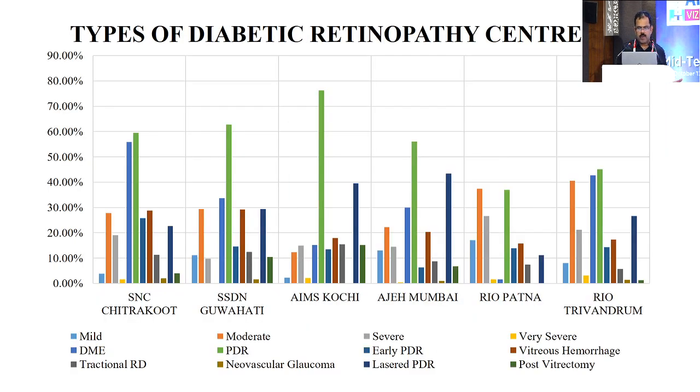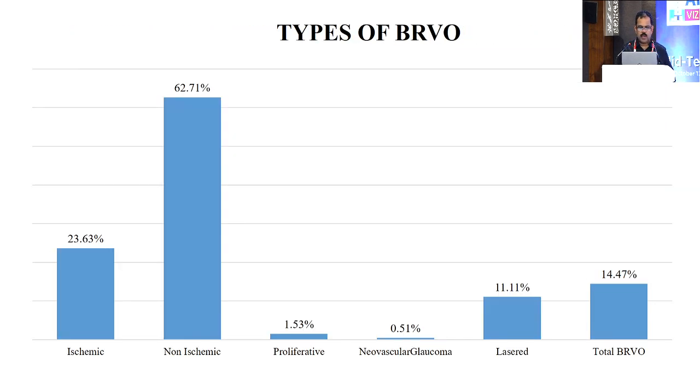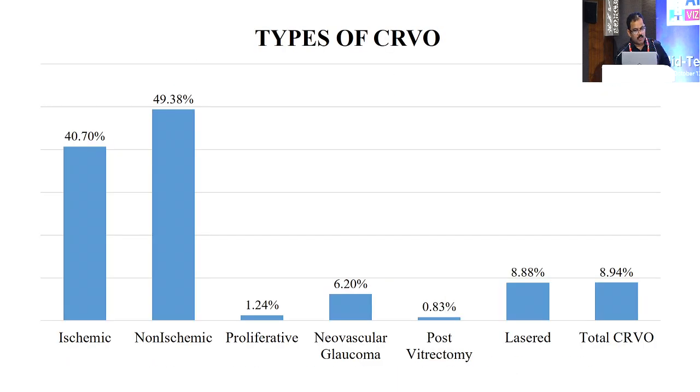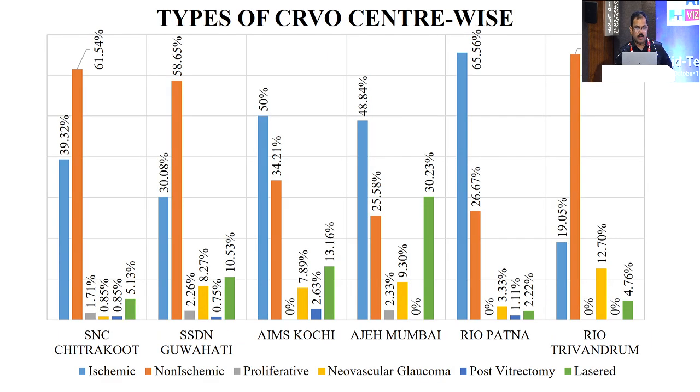So this is the type of diabetic retinopathy center wise. All centers it is like this. Now we can see that in BRVO, non-ischemic is like 60% and ischemic is about 25%. And these are center wise, and in CRVO you can see almost 40 and 50% ischemic and non-ischemic. So in BRVO there is a lot more non-ischemia. These are all real world results.